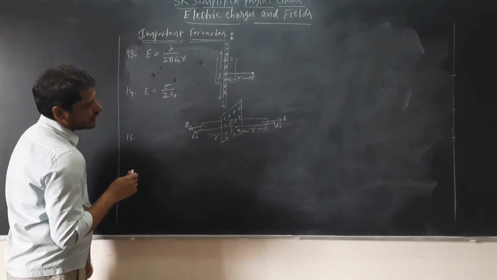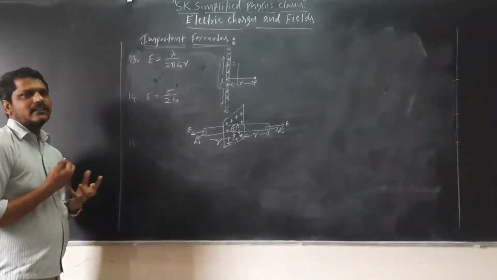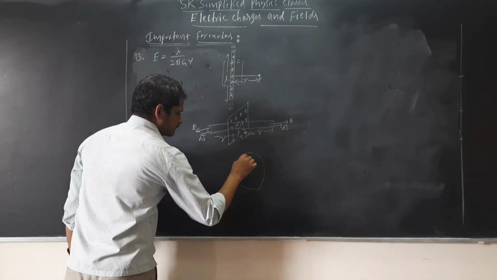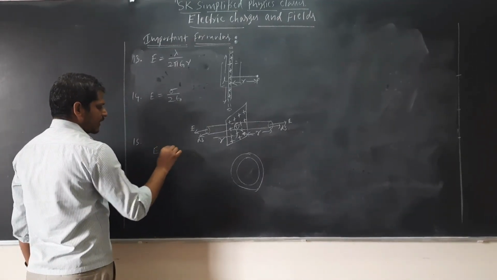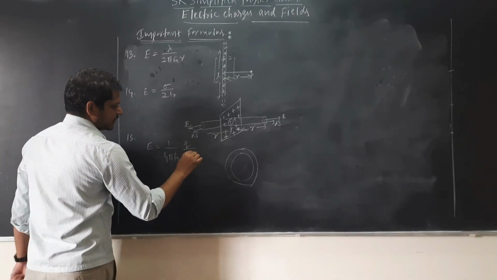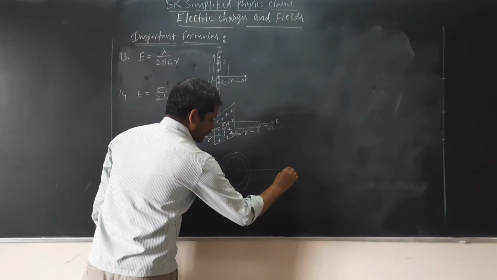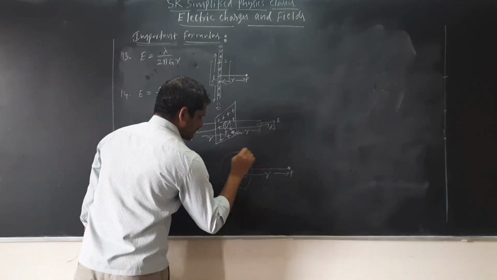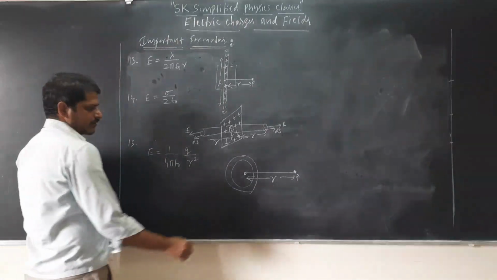Let us take the last expression: the electric field at a point due to a uniformly charged spherical shell. That is given by E equals 1 divided by 4 pi epsilon naught, Q by R square, at a distance R from the center of the spherical shell, where P is the point.